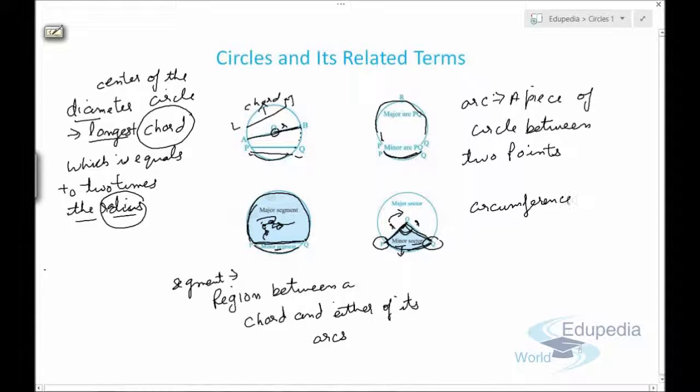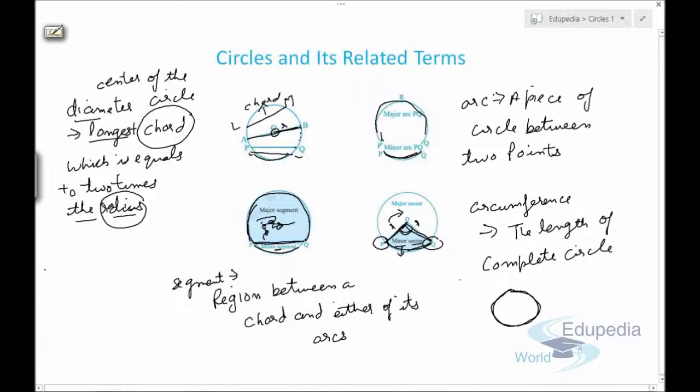Circumference, right? We can say that it's the length of a complete circle. So let's say if we have a circle like this, and we measure this complete length like this, it's the circumference, right? Now there is a difference between circumference and perimeter.